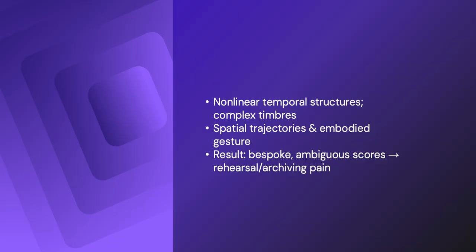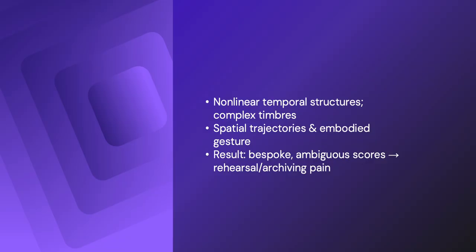These bespoke formats are creative, but they can also be hard to interpret consistently. Performers face a heavier interpretive burden. Rehearsals take longer because meaning must be negotiated, not simply read. Documentation and archiving also suffer, which makes works harder to restage.